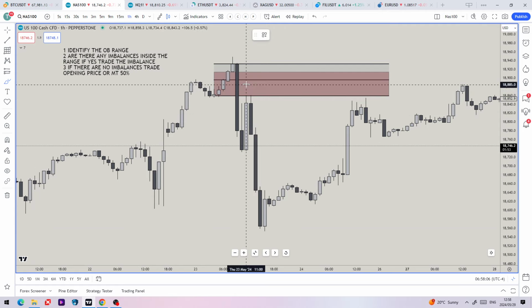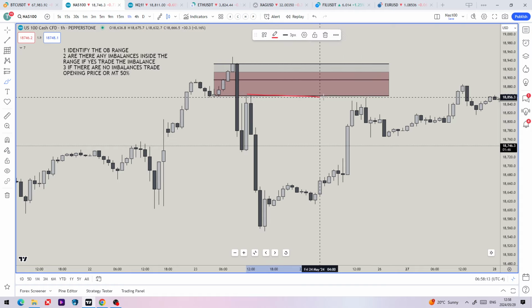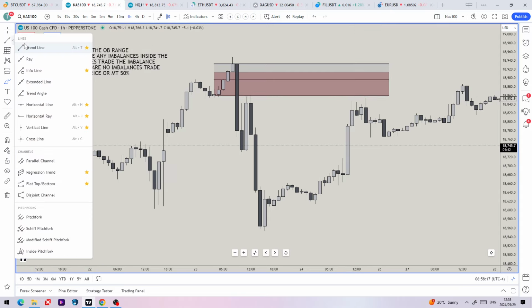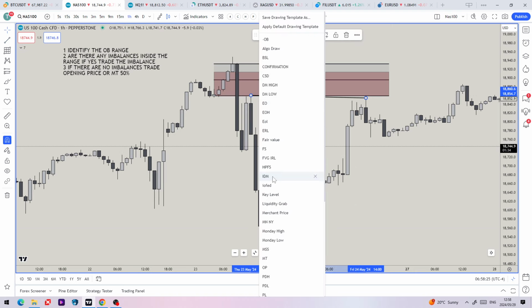So when you see them leave the 50% of this order block range unmitigated or untapped, these highs, like you see here, become trend line liquidity to be taken at a later point, right? So we could use this specific high or these specific highs as something we call inducement, right?